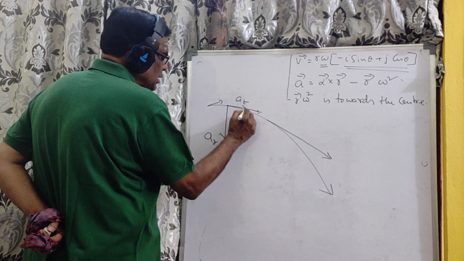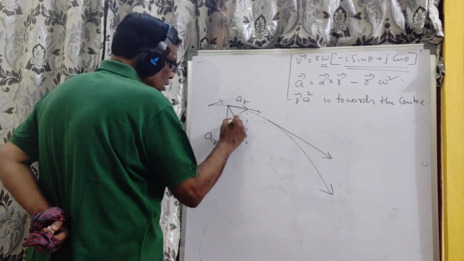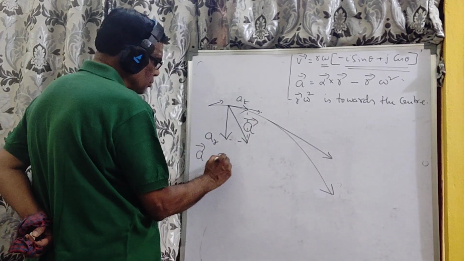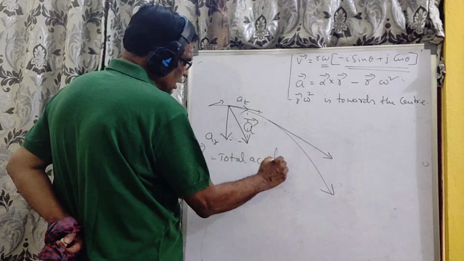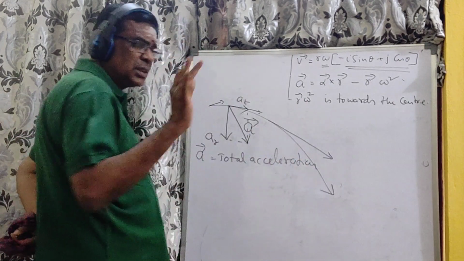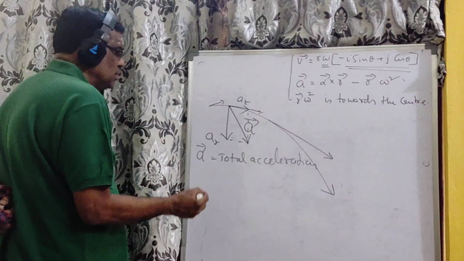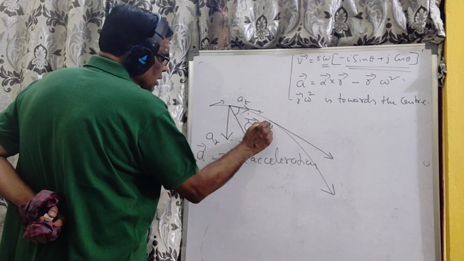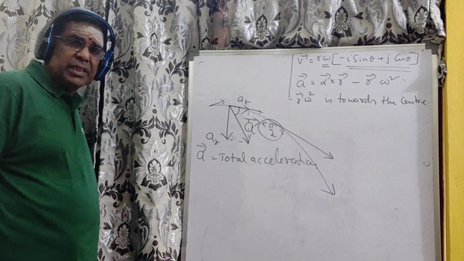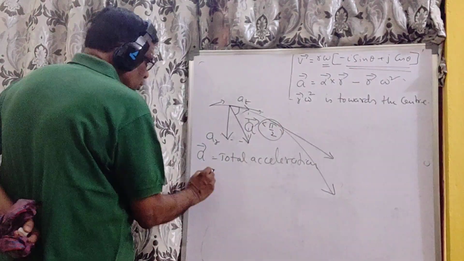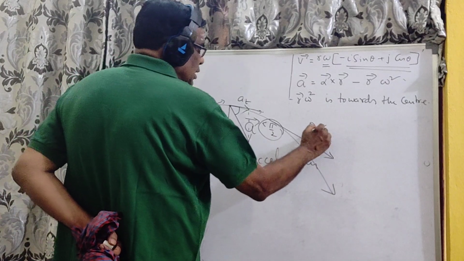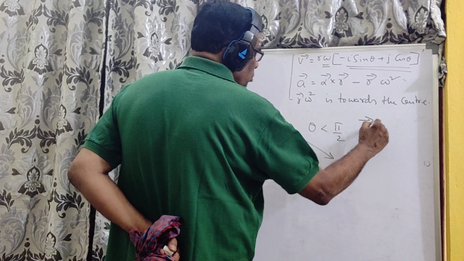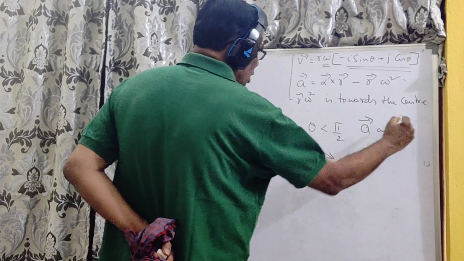If this is AT, this is AR. This is your A bar. This A bar is called total acceleration, or simply acceleration, nothing else. Now you can see A bar, what angle does it make with V bar? Acute angle. So, in this case, theta is less. Theta, what is theta? Angle between A bar total and V bar velocity.